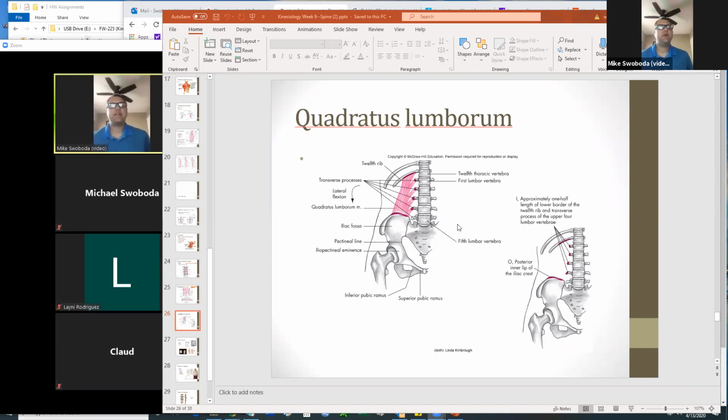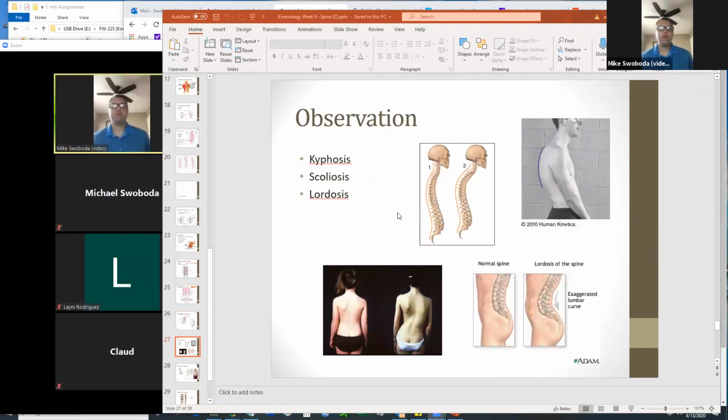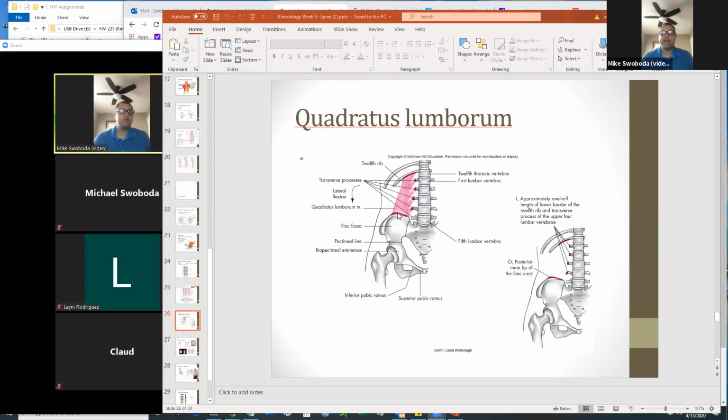It does a little bit of rotation, but primarily this is going to be your deep muscle of posture for your lower back. And really that lateral flexion is your major mover for that. So that's your anatomy in a nutshell there.